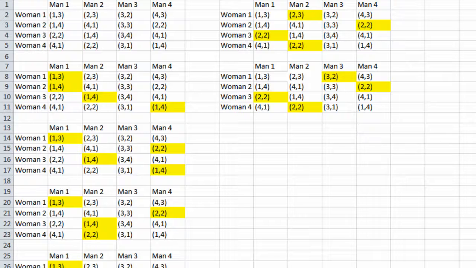Therefore, that completes our algorithm, which gives us our complete stable marriage pairings, which are woman 3 and man 1 married to each other, woman 4 and man 2 married to each other, woman 1 and man 3 married to each other, and woman 2 and man 4 married to each other. And this is the woman optimal complete stable marriage pairing.